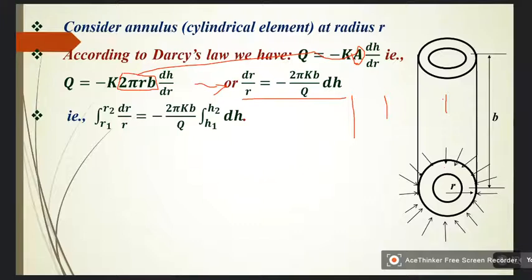Let this radius be R1 and this be R2. As r changes from R1 to R2, what will happen to that H?